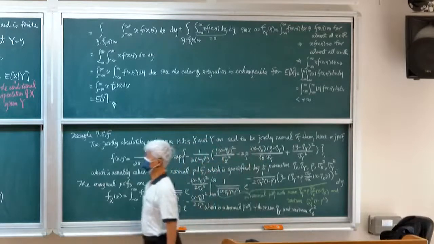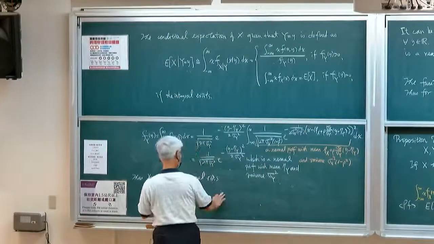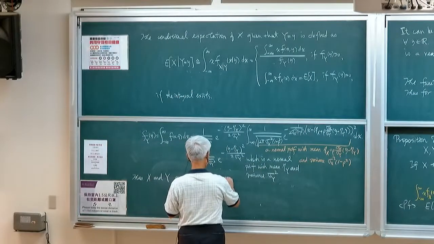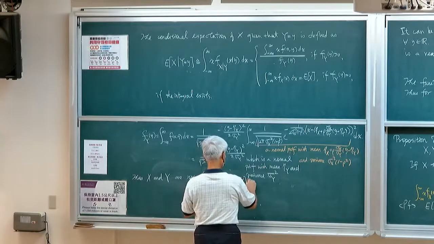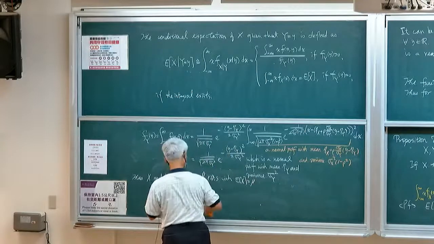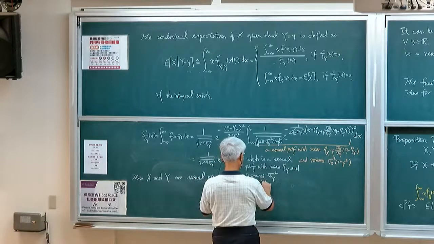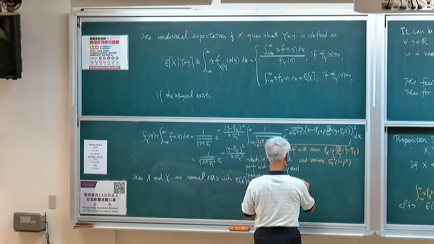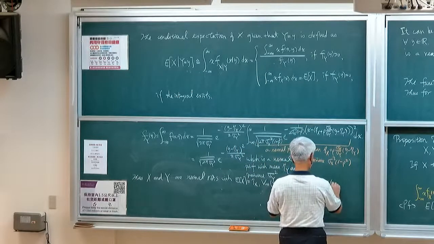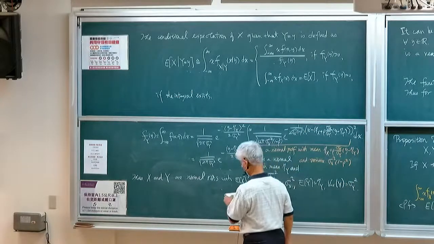Then x and y are normal random variables with mean of x eta x, variance of x sigma x square, mean of y eta y, and variance of y sigma y square.